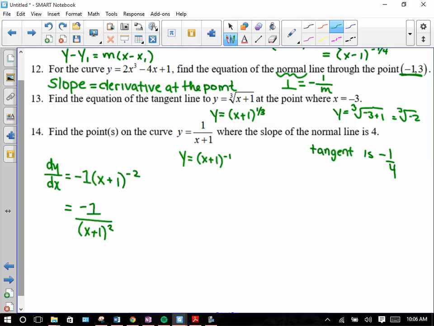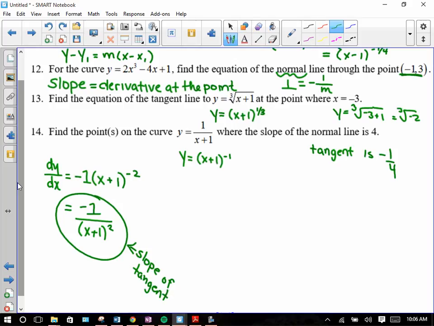So what does the derivative represent? The slope of what? The slope of the tangent line, right? So this is the first derivative, and it represents the slope of the tangent line.